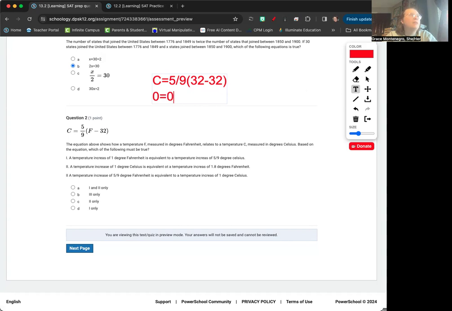So that gives us 0 equals 0. 0 freezing in Fahrenheit equals freezing in Celsius. Now we go up a degree in Fahrenheit. What happens? 33.